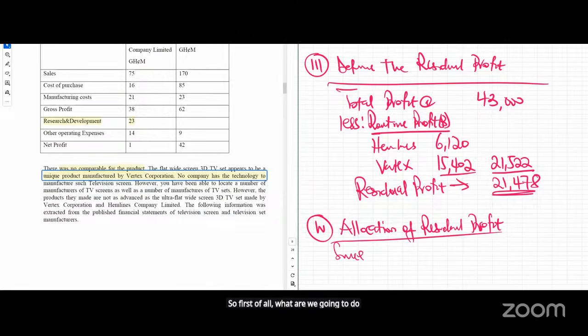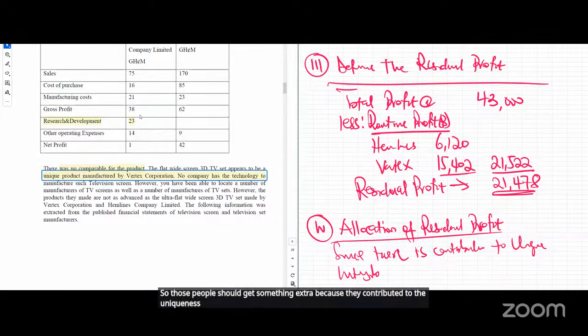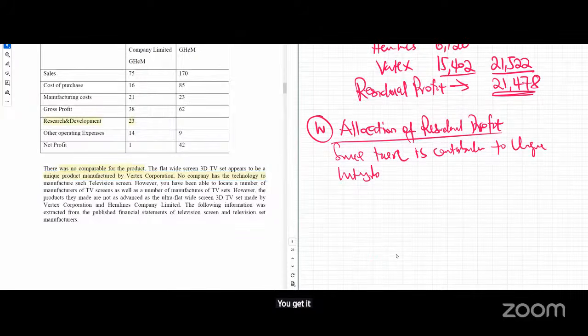Since there is contribution to unique intangibles, was there no contribution to unique intangibles? Yes, there was. So those people should get something extra because they contributed to the uniqueness. Do you get it? In the form of what? R&D. Do you get it? So the unique intangibles, R&D, right?